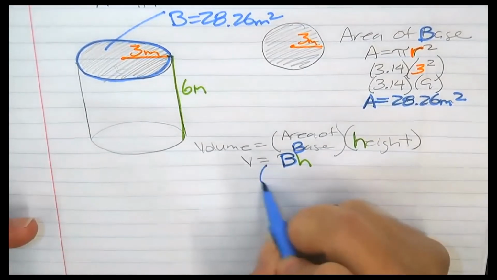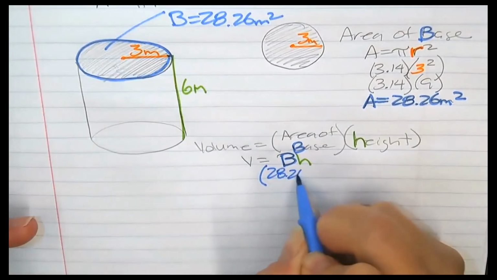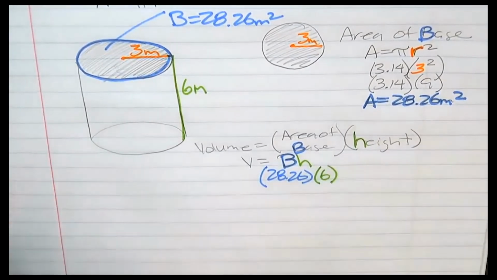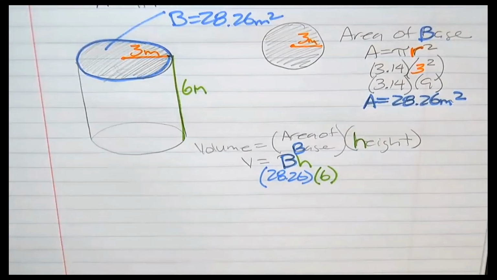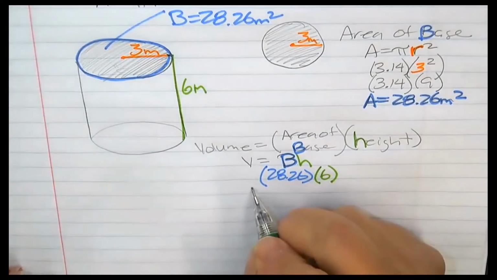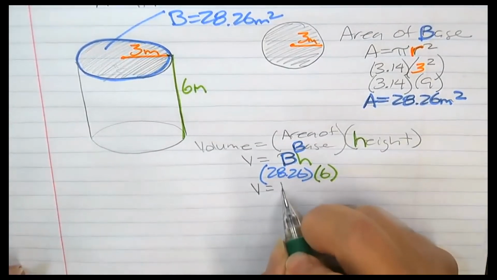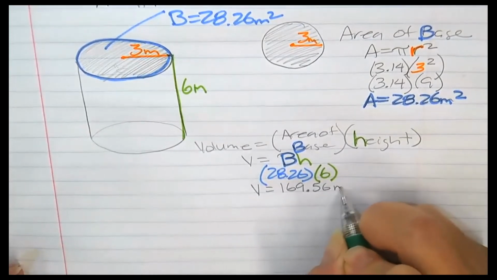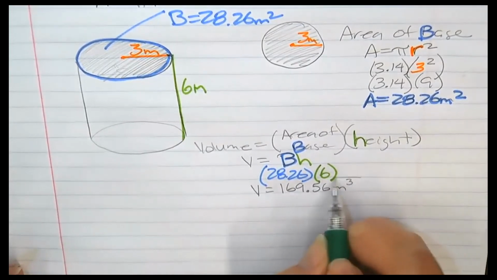The area of my base is 28.26 and the height is 6. So I'm going to use my handy dandy calculator again, and I'm going to multiply 28.26 times 6. And I find that the volume is equal to 169.56 meters cubed.